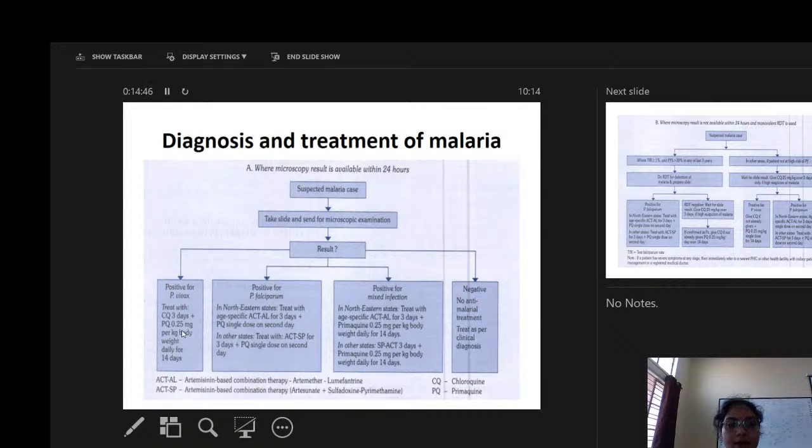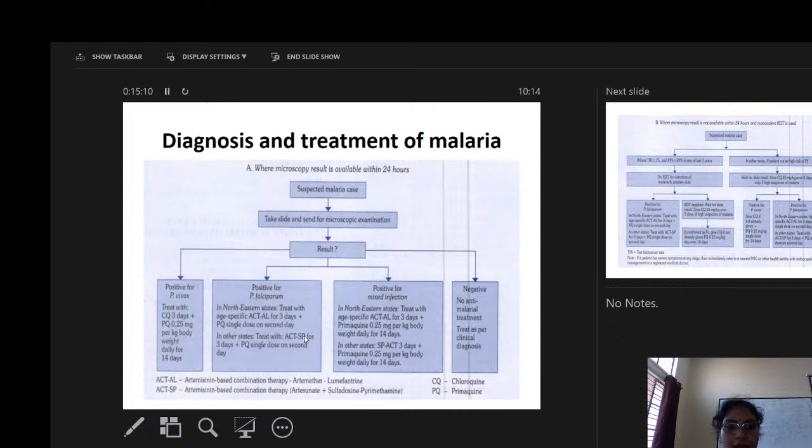Remember, it is the same over here, where you will have to give lumefantrine; over here, you'll have to give SP in other states. For falciparum, you'll give Primaquine single dose on the second day only. For Vivax, you will give Primaquine for 14 days, 0.25 mg per kg body weight.